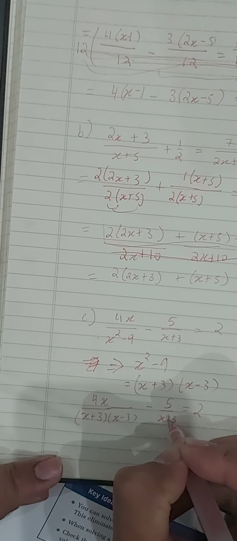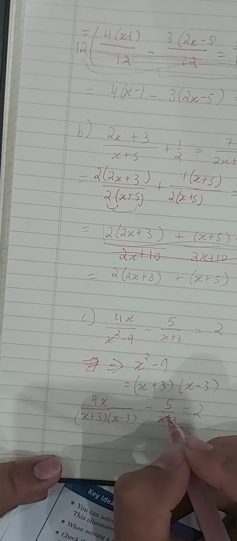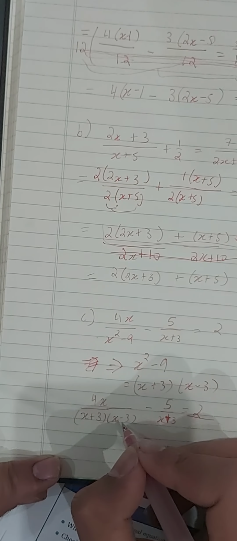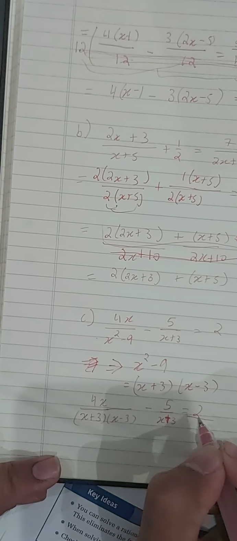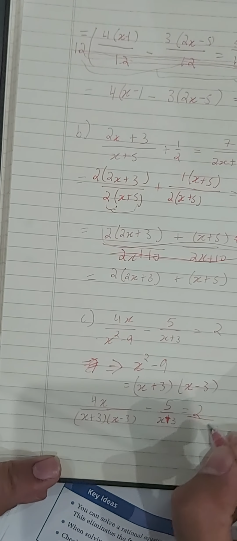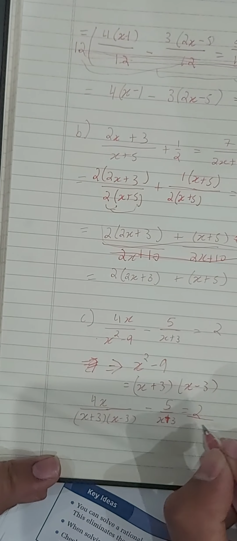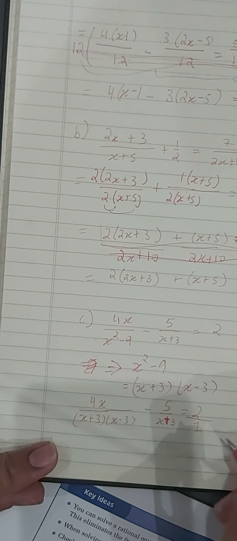So the only difference is to make this the same, multiply it by x minus 3, because x plus 3 is over here. Over here, on this side, we're going to have to multiply it by x plus 3 and x minus 3 to make the denominators the same, because right now the denominator is just 1, 2 divided by 1, which is just 2. So let's go ahead and do that.